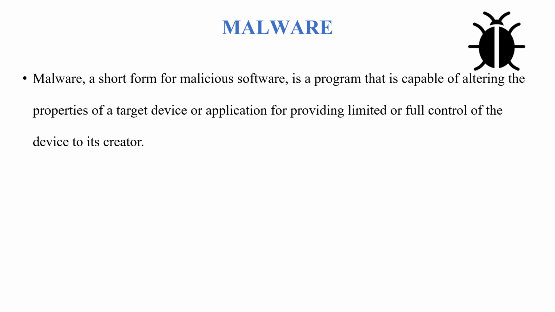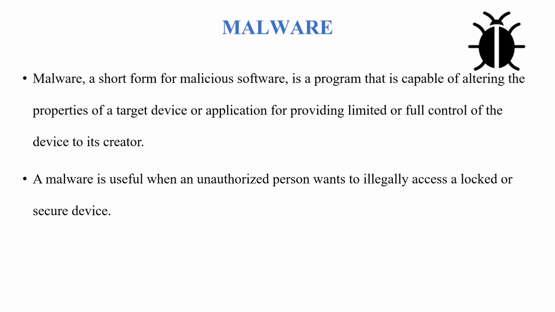Malware damages the computer system and gives limited or full control or access to the attacker. Malware is useful when an unauthorized person wants to illegally access a locked or secure device. So attackers always use malware to break down cybersecurity, and it is used to access the secure device without authorization.